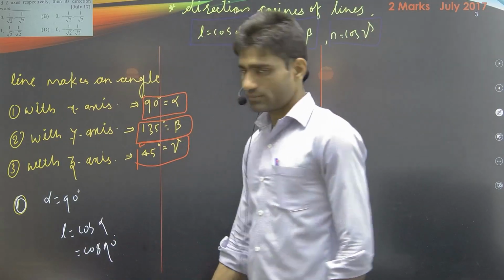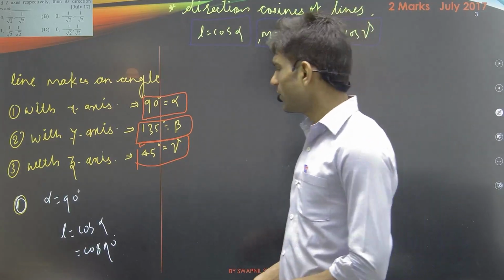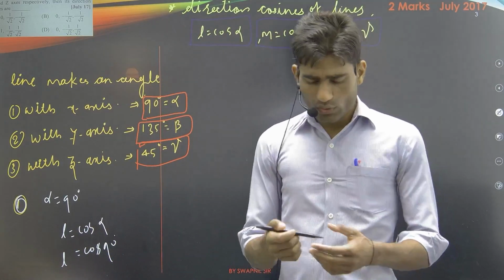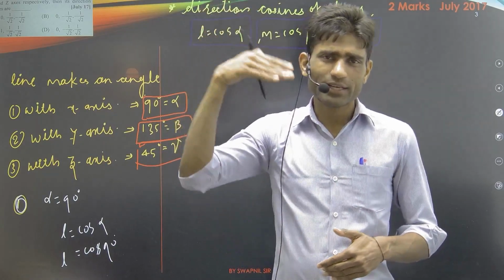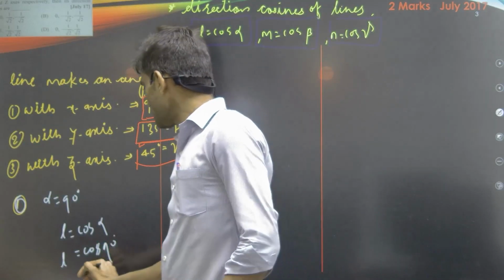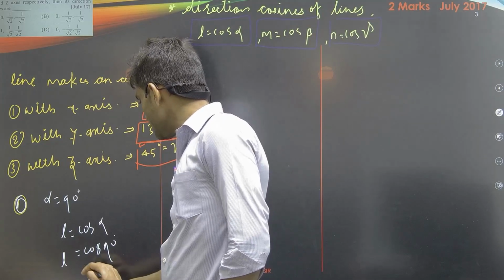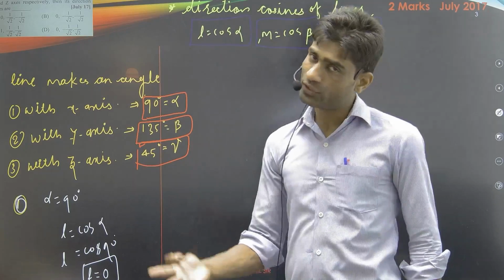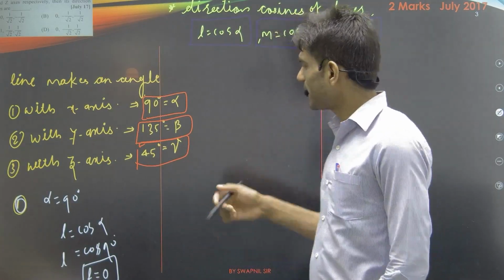I just substituted alpha as 90 degree in l equal to cos alpha. We know that at 90 degree cos always goes to 0, so we get the value of l as 0. See how easy it is to find the first direction cosine. Now let's move to the second direction cosine.